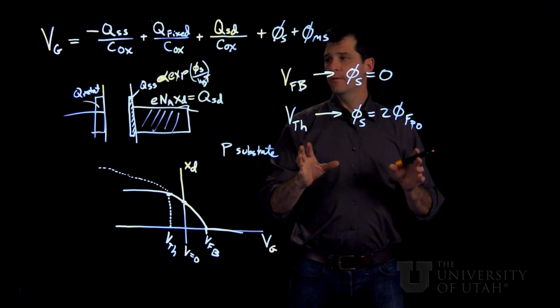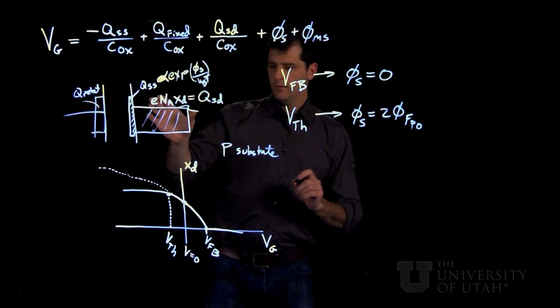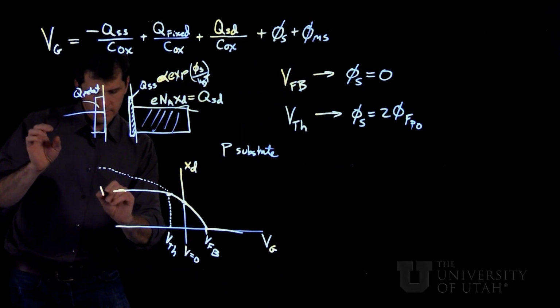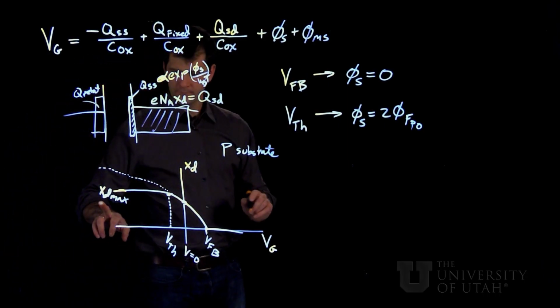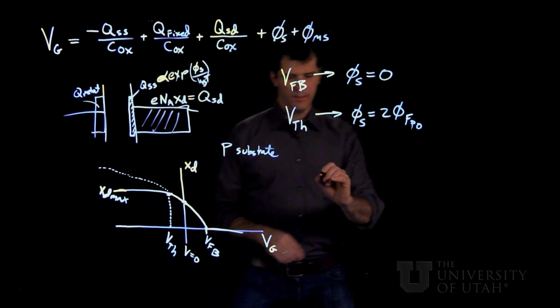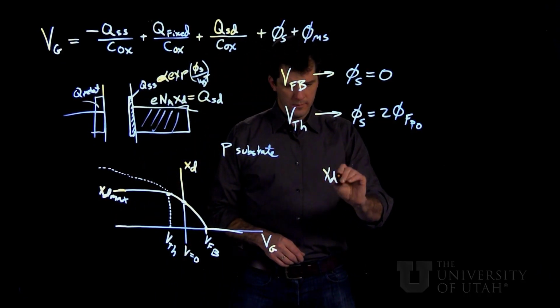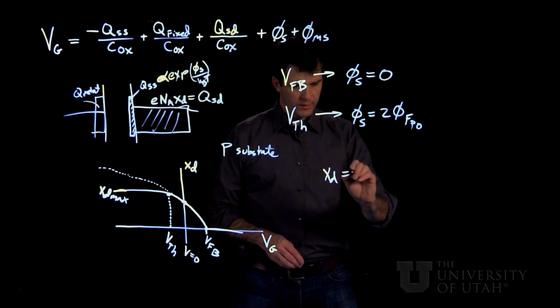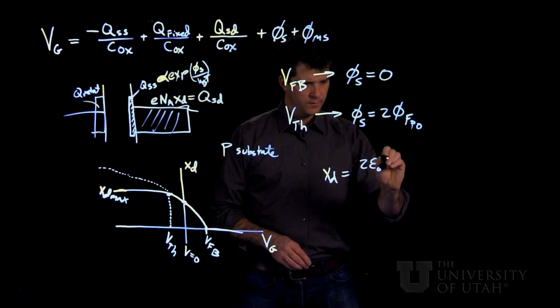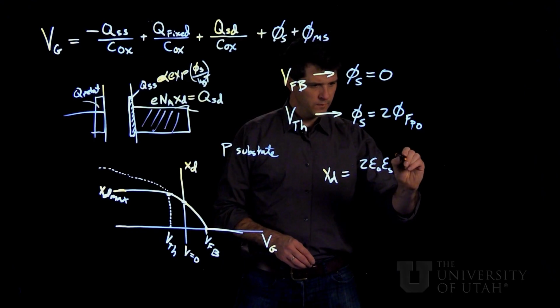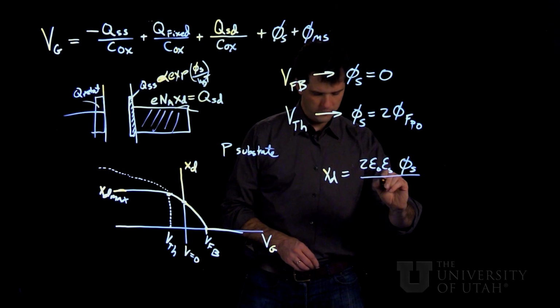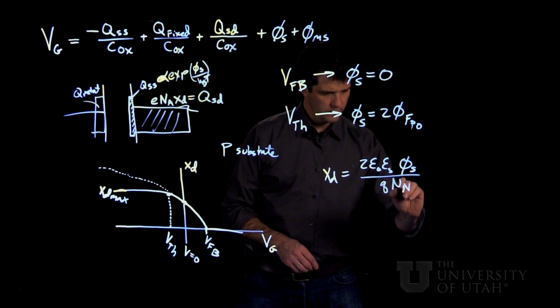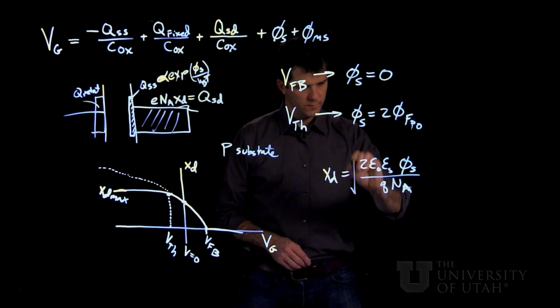So the last thing we need to do is just express what this XD max is, where it saturates at a constant value. So the XD is given by the square root of 2 epsilon naught epsilon semiconductor phi s over q times N_A.